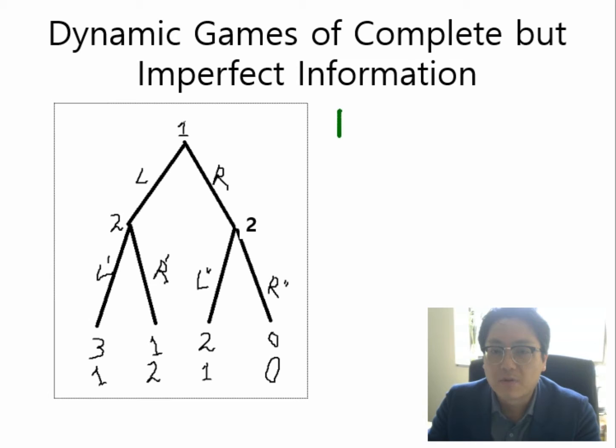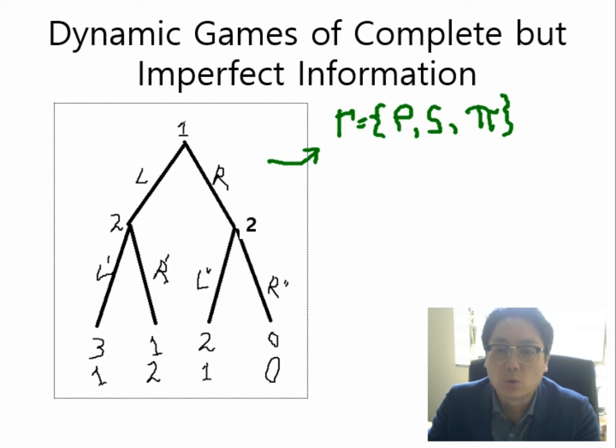Now, remind the normal form game. A normal form game, gamma, for example, consists of, this is an extensive form game, but we will check whether we can transform this kind of game to a normal form game. A normal form game, first element was player, right? And the second is a strategy, right? And the payoff. And they don't care about orders, or they eliminate the information about orders.